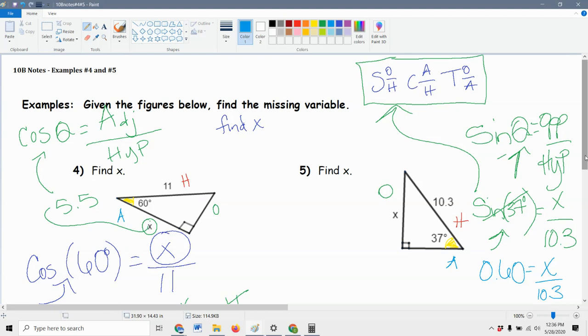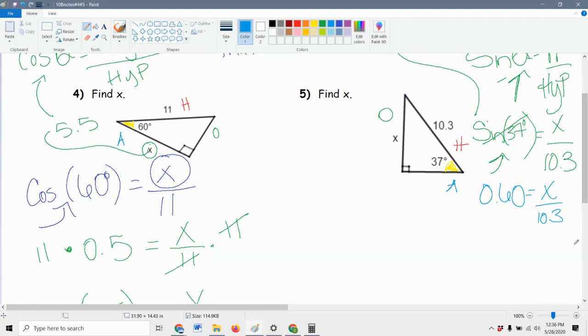And just like we did on example number 4, we want to get rid of that 10.3 because we want to solve for x. Since x is being divided by 10.3, we're going to multiply by 10.3. And of course, we always do that to both sides. Up 10.3 and down 10.3 cancel.